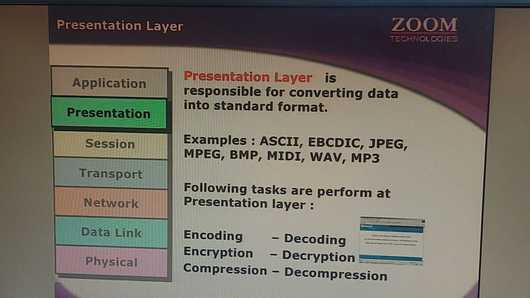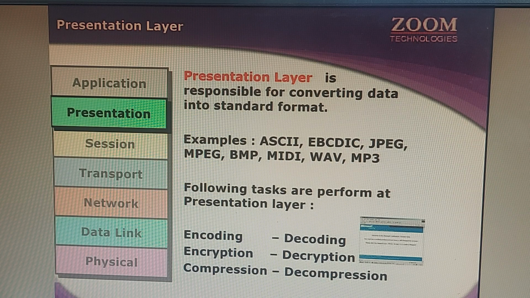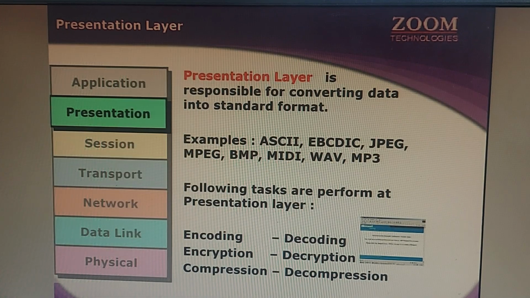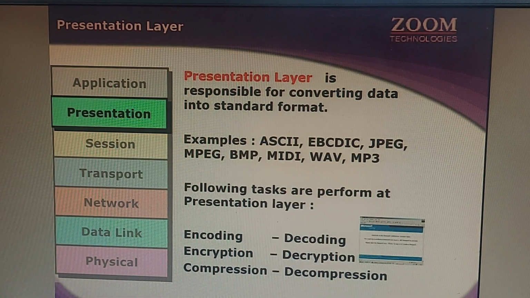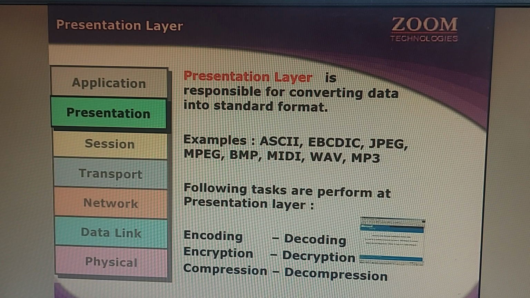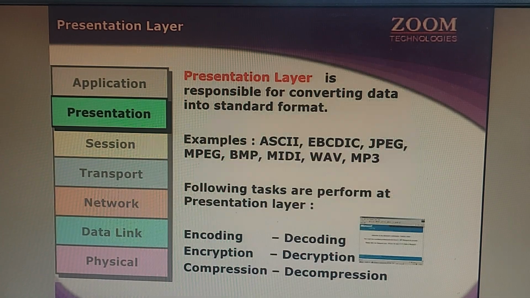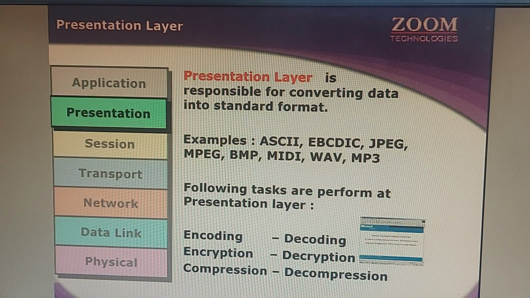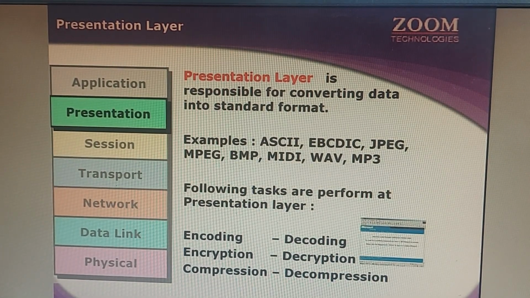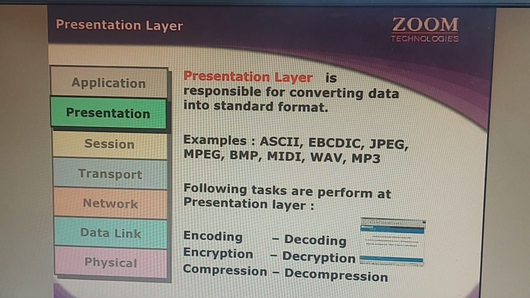In the presentation layer, the various functions are encoding, encryption, compression, and decoding, decryption and decompression. When we send data from one node to another node, the system will encode the data and encrypt it, and after that the decryption process is the main process at the receiver.